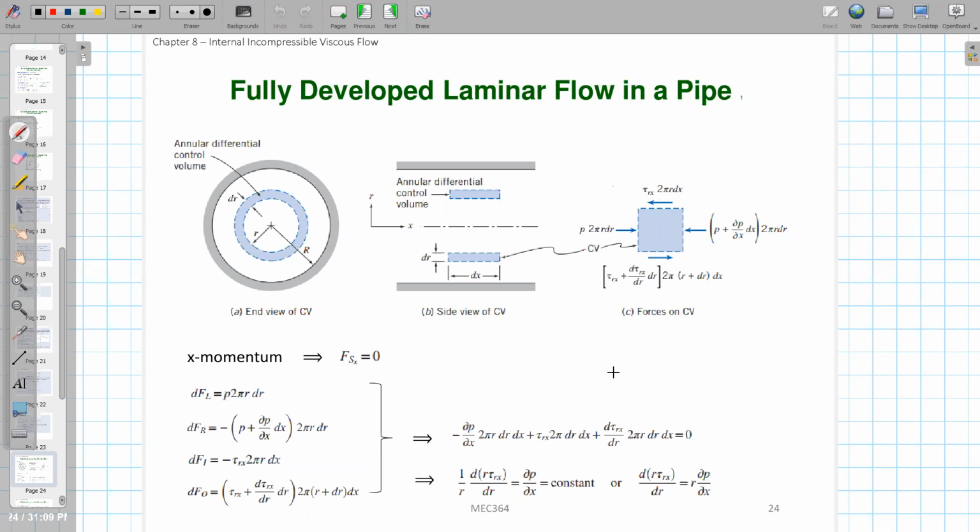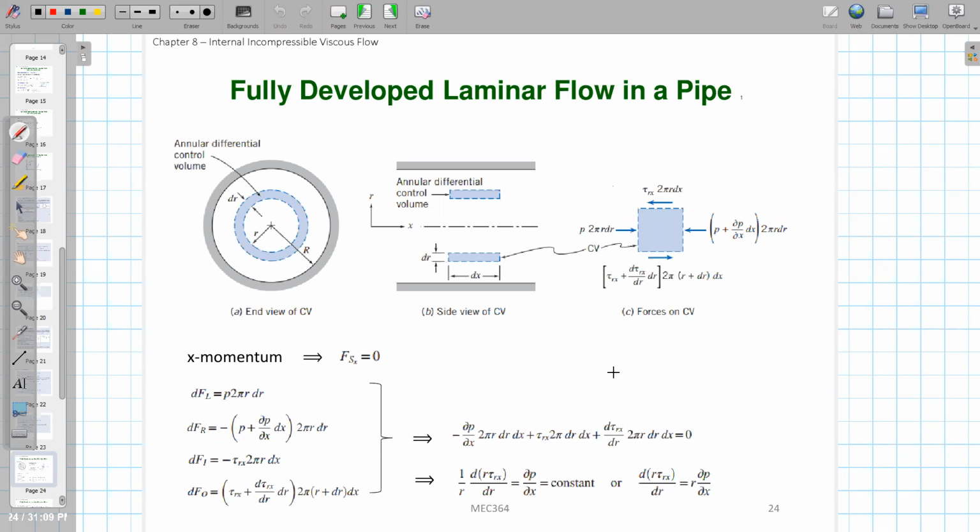Now, because it's a circular pipe, it is more convenient to use a cylindrical coordinate rather than a Cartesian coordinate. We keep the flow direction as X, but make the radial direction R of the cylindrical coordinate.